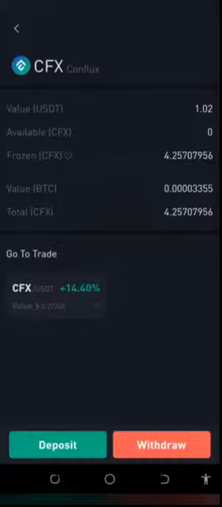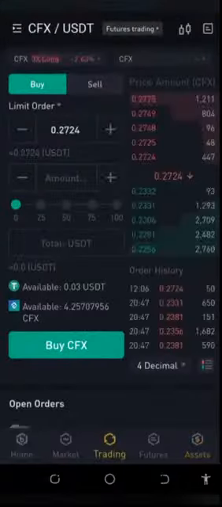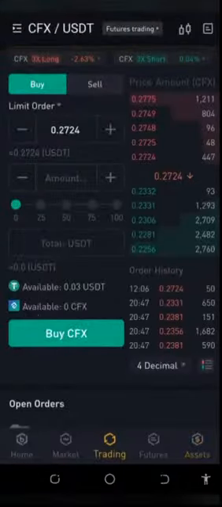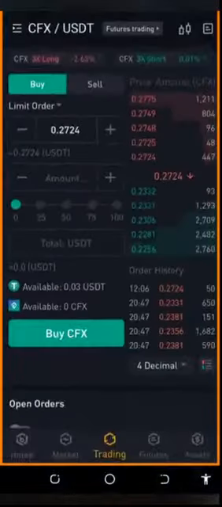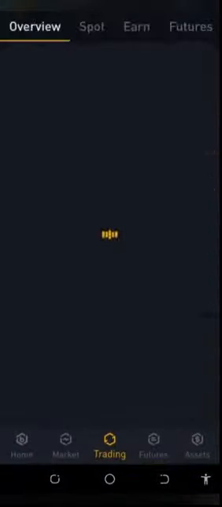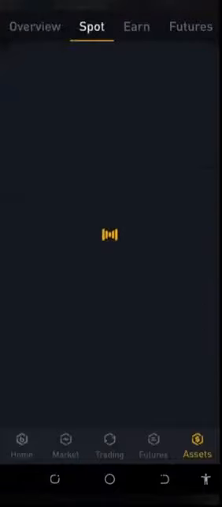Okay. So has it not gone? I don't know. Let me just refresh and get back. Okay. Oh, now it's gone. You can see it's now saying 0 CFX. So on the everything it's actually gone. Right now, why is it not? It's showing 0 there.